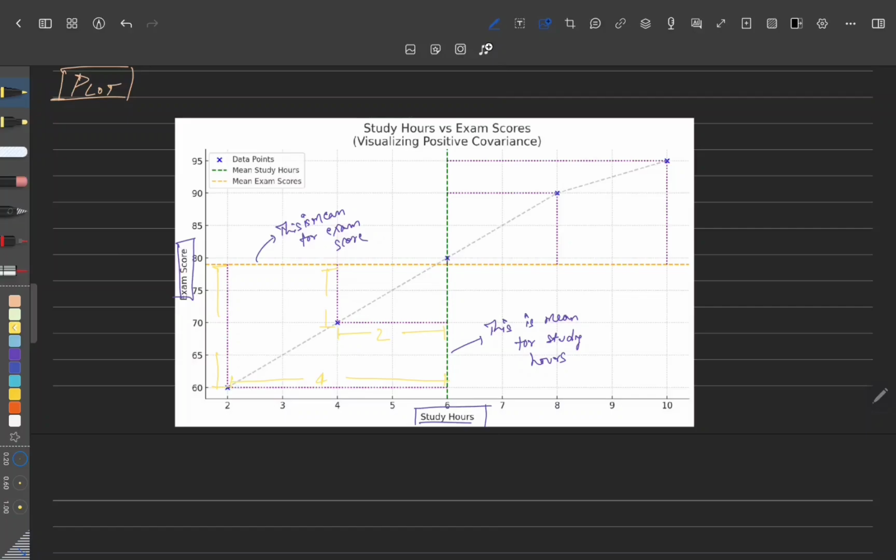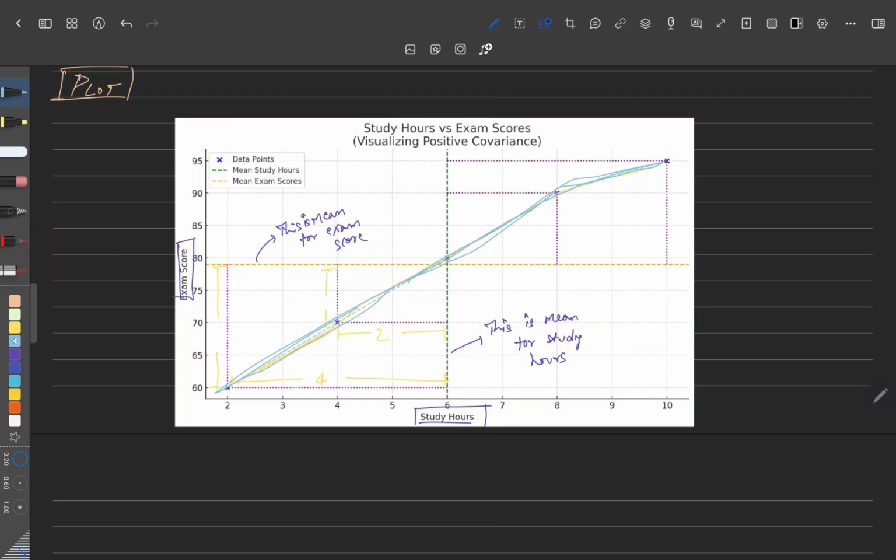So this plot is showing us these differences, and then you multiply these and then you see this line, showing how each point is correlated and how it is positive. So this is a visual representation of the covariance between the study hours and the exam scores.